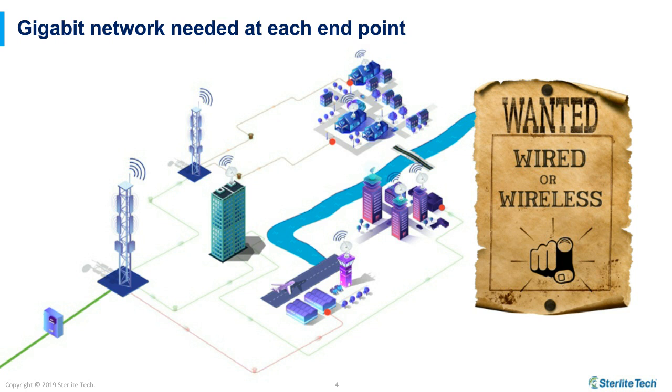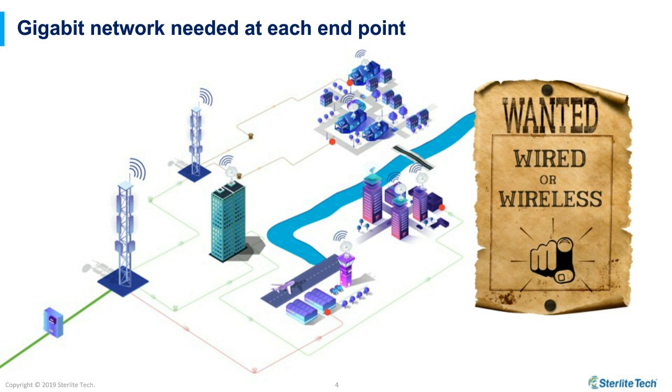And that, in and of itself, is going to drive the need for us to have gigabit connectivity at the network endpoints. And to a consumer, it really shouldn't matter whether it's wired or wireless. The consumer really cares about the user experience and what value that the particular application brings to that user.